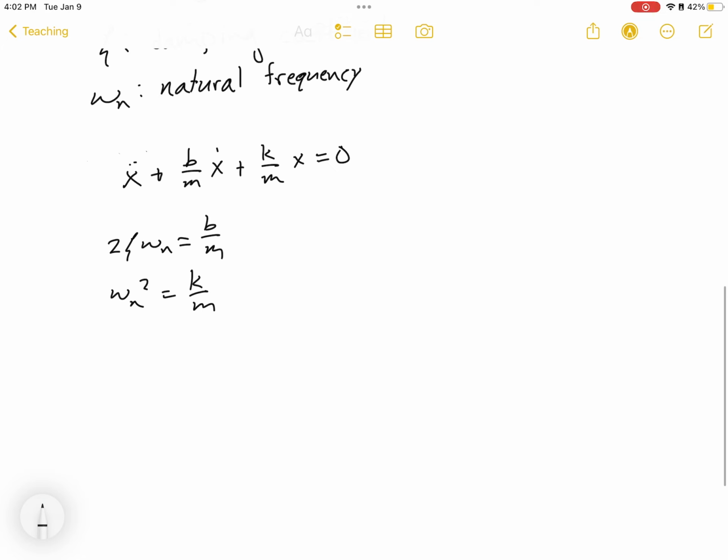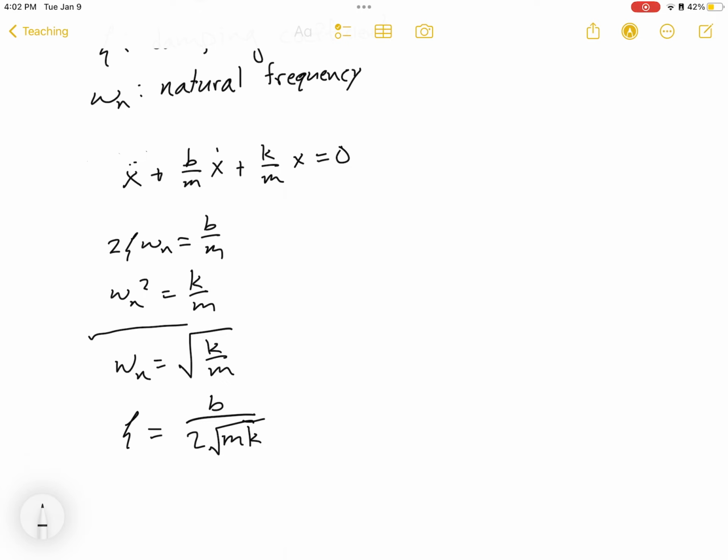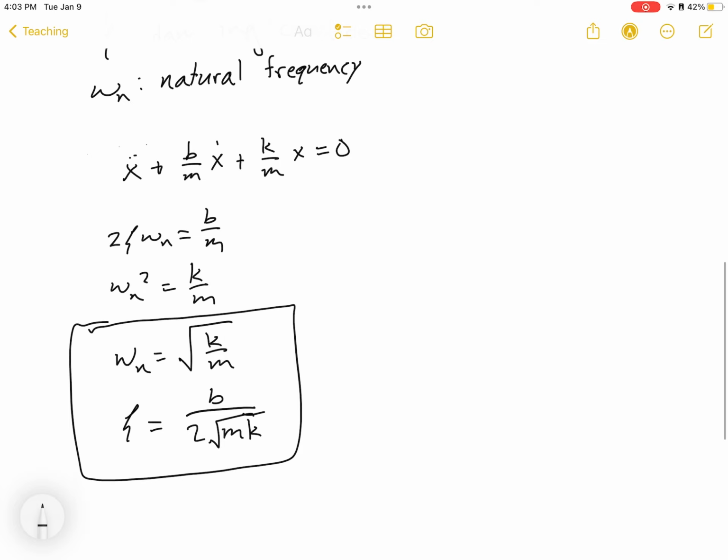And so with that second equation, we can say that omega n is equal to the square root of k over m, and zeta, with a little bit more algebra, is equal to b over 2 times the square root of m times k. And so these relationships help us convert between these two different ways of looking at the system.